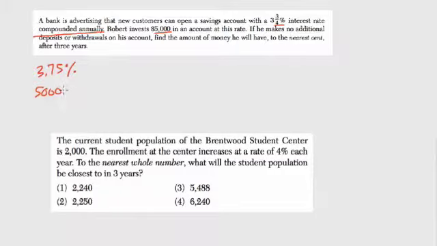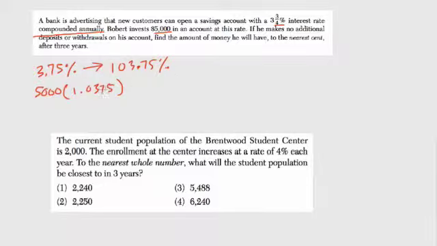I like to think of that as 103.75% of the original, because you have your original 5,000 plus 3.75% of that. To get that as a decimal, we divide by 100, or move the decimal to the left twice. You get 1 for 100% and then 0.0375 for 3.75%.